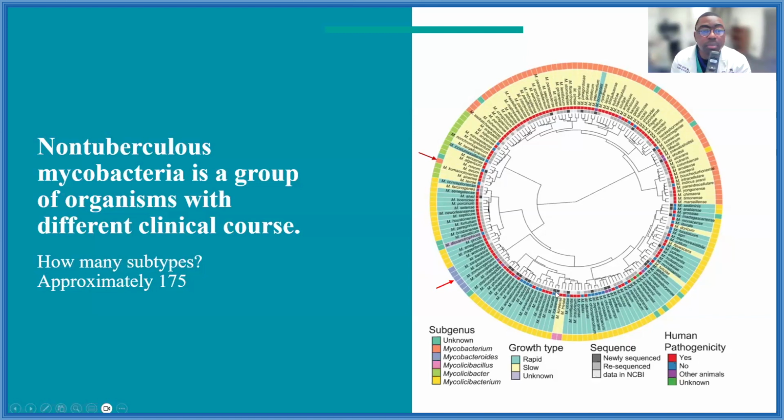It's about 80% of that group which cause disease, to varying degrees. They are the so-called slow growers, seen as the yellow in the second ring from the outside, which tend to grow rather slowly, and the disease may progress slowly.